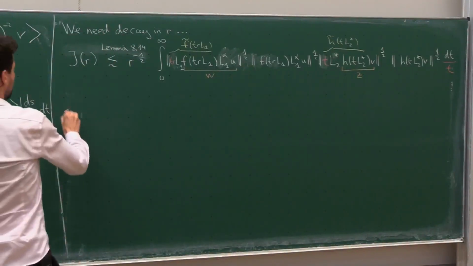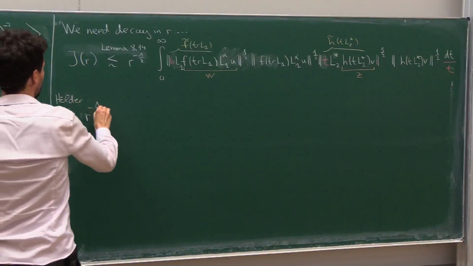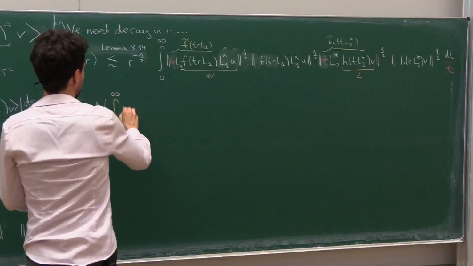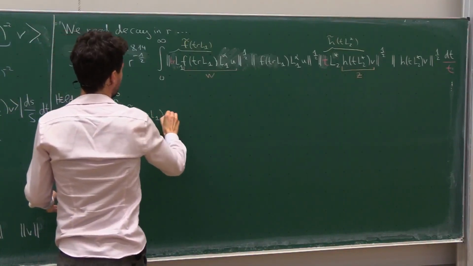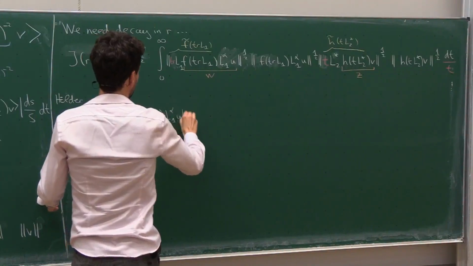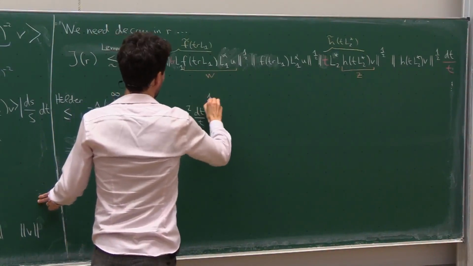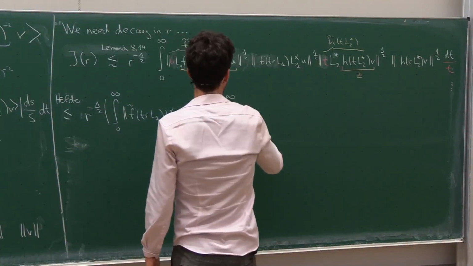So if I use Hölder, then it's going to give me r to the 1/2, and then integral 0 to infinity. I'm going to get f tilde TRL1 L1 to the alpha u squared dt over t power 1/4. I get the same thing without the tilde.